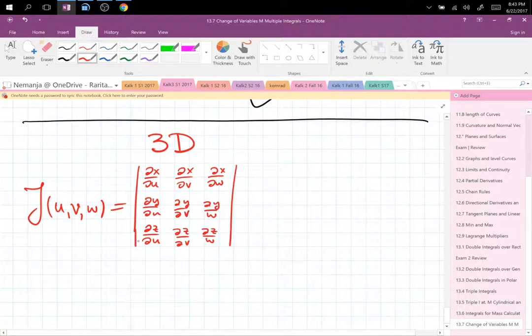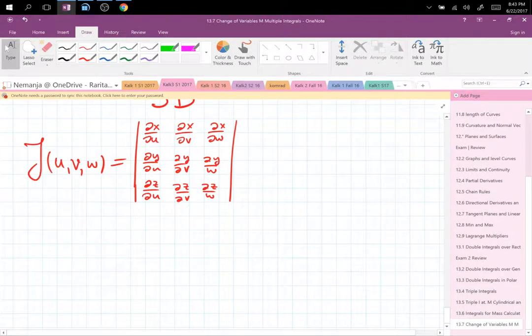It's a 3 by 3 Jacobian determinant. Same stuff like for your vectors, the cross product. So the first, and then you worry about those two, and then minus the second one, and then the third one.